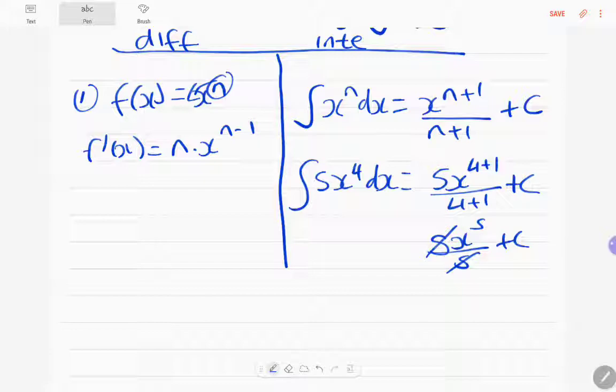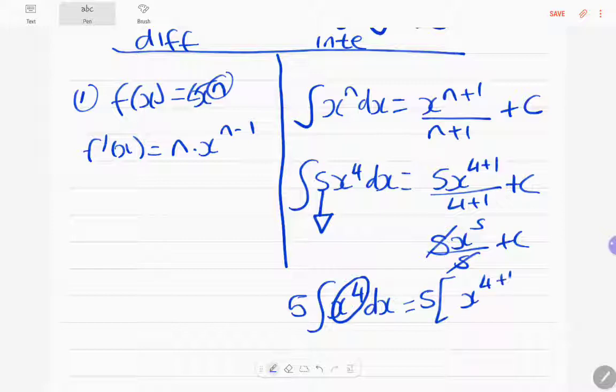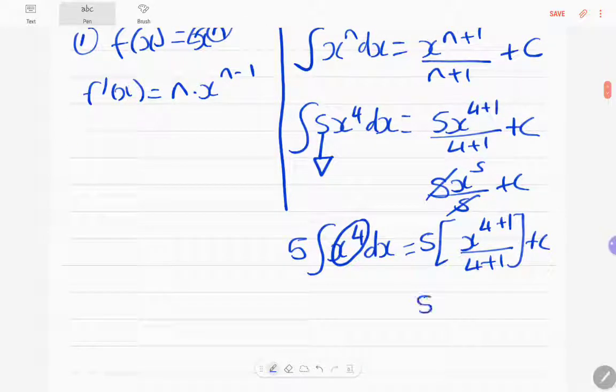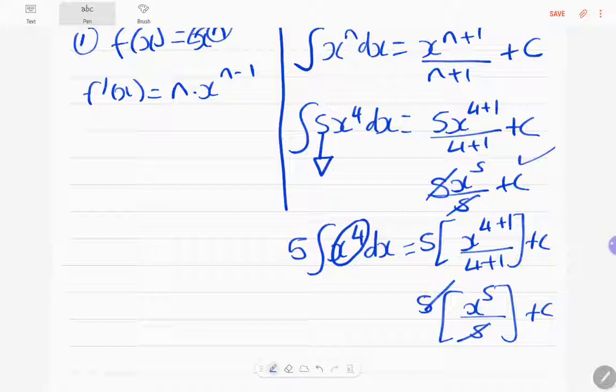But if you feel like this 5 is confusing you, you are allowed to take it out and say 5 times the integral of x to the power 4 dx, so that you only deal with this x to the power 4. You will say 5 into x to the power 4 plus 1 all over 4 plus 1 plus c, which is 5 into x to the power 5 all over 5 plus c. This and this cancel, so it is still the same thing.